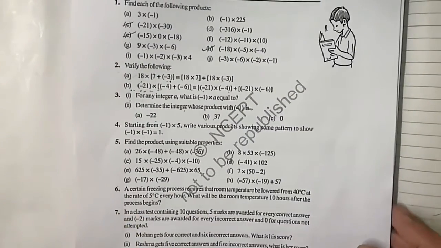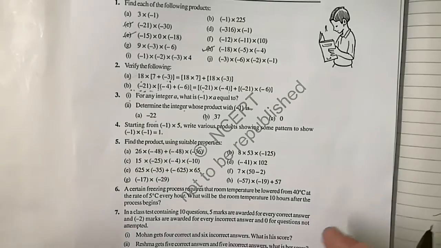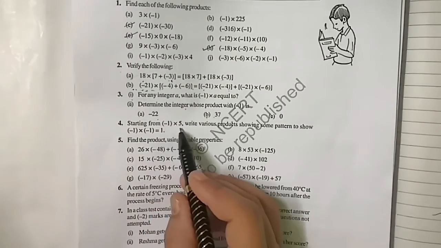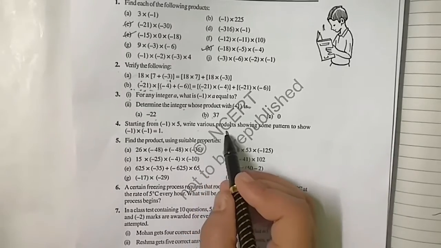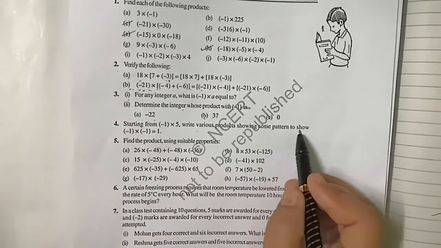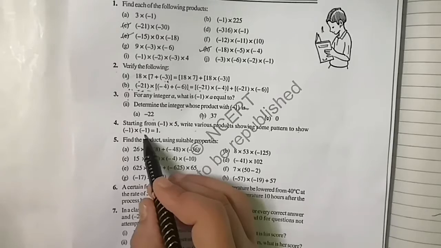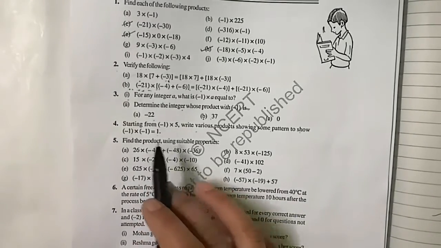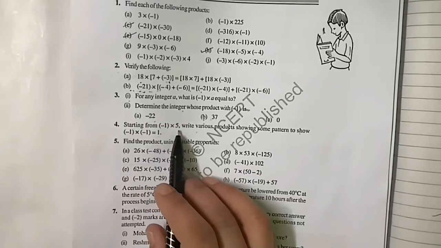Now see question number 4. Starting from minus 1 into 5, write various products showing some pattern to show minus 1 into minus 1 is equal to 1. Students, see the question, what is given? Starting from minus 1 into 5.